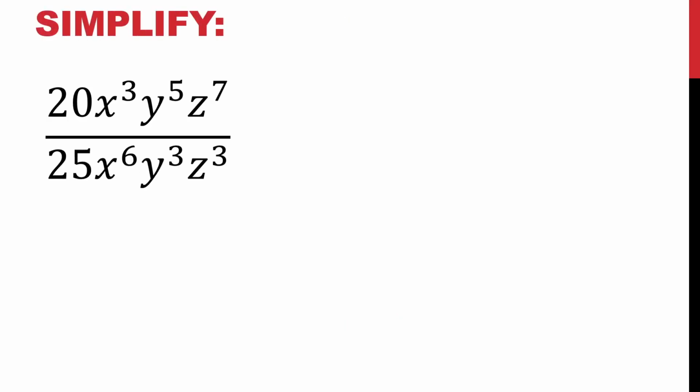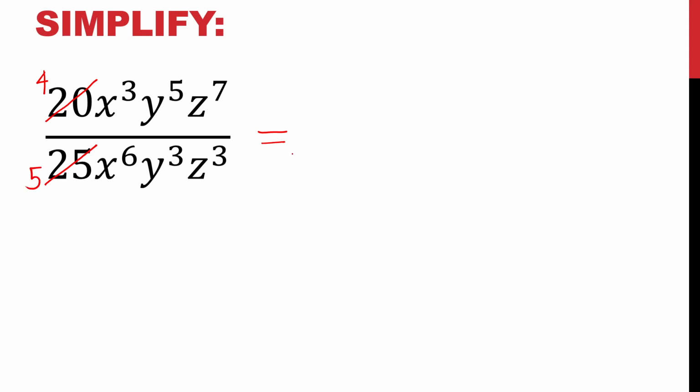Now, let's have more examples. Let's simplify this. What if there is now a variable? We will apply the laws of exponents. Let's have our first example. What is common between 20 and 25? 5, sir. So, 20 divided by 5 becomes 4. 25 divided by 5, 5.